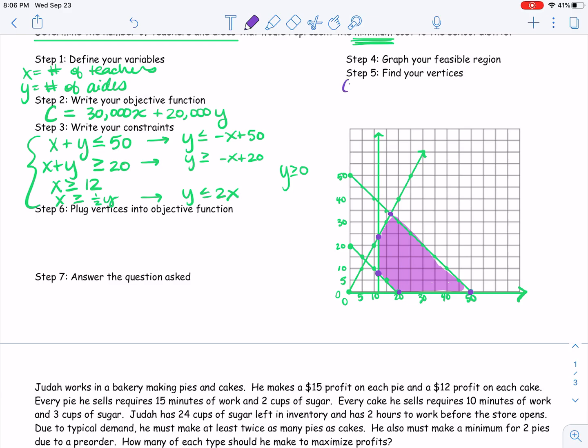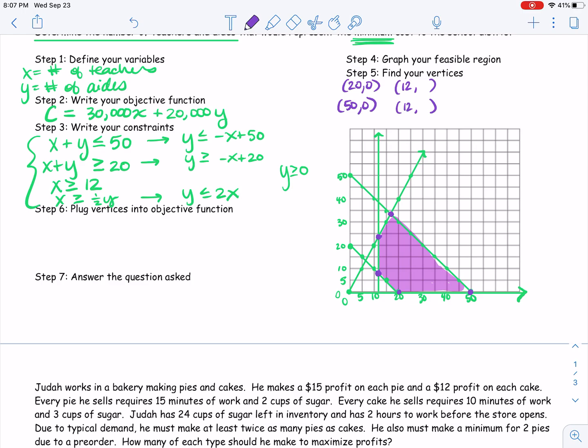The ones along this line right here, I know the value of x is going to be 12. So it's 12, something and 12, something. And this last one over here, I don't want to estimate that. I don't know exactly what it is just yet, so I'm going to have to use some algebra skills.